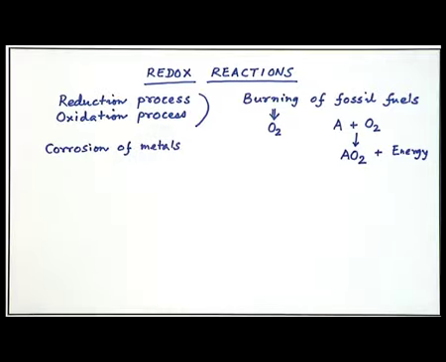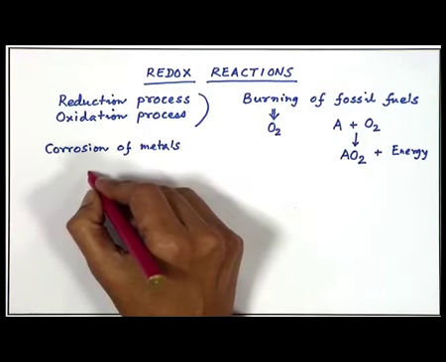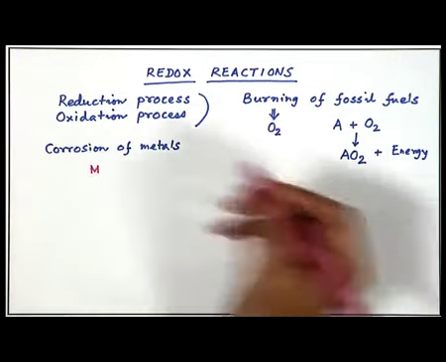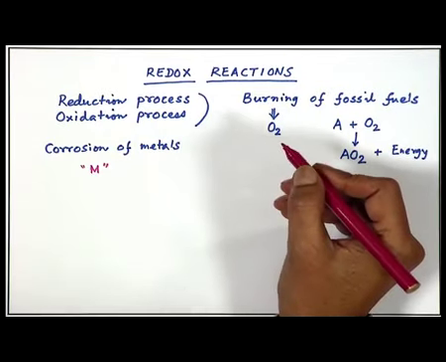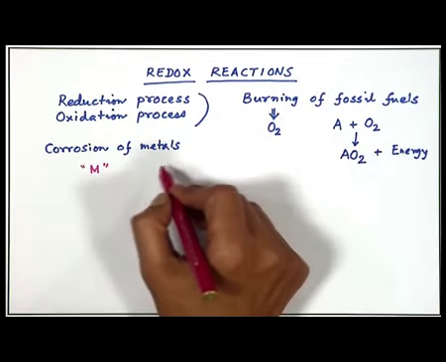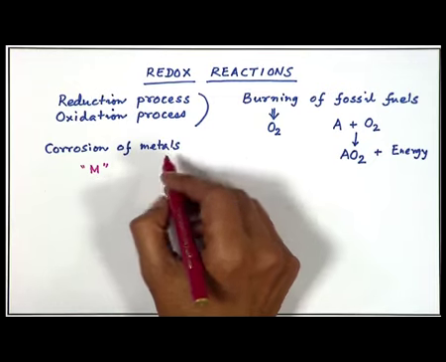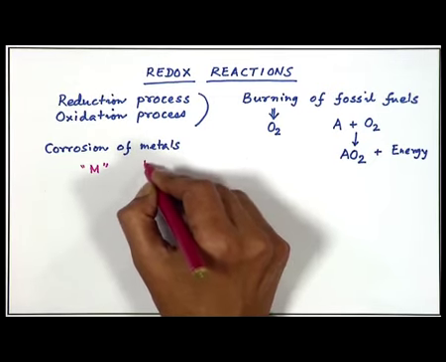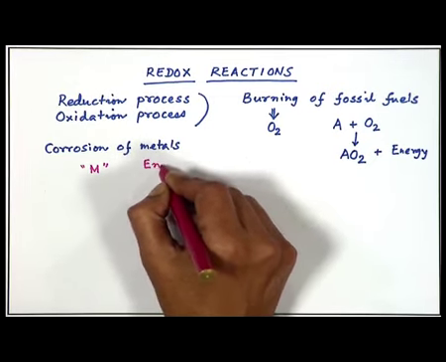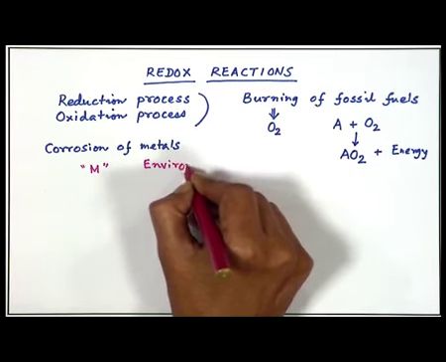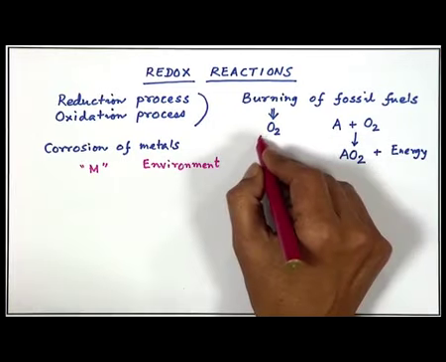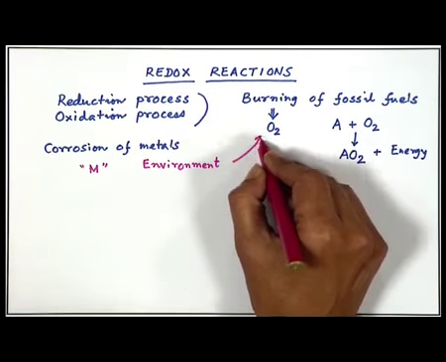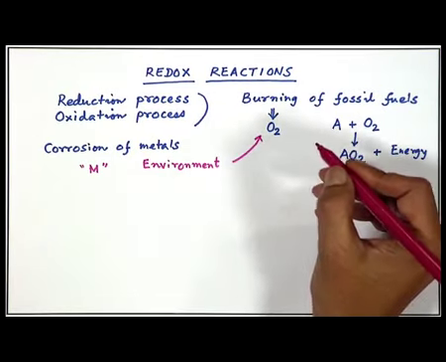In most of these cases they are very important for the available metals, whether it is a typical material such as an iron rod or iron pipe, and we can talk about the environment, which can be correlated to the presence of oxygen.